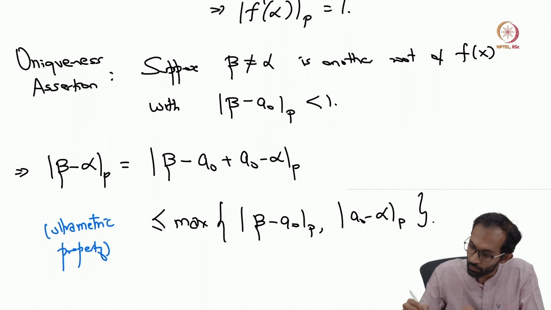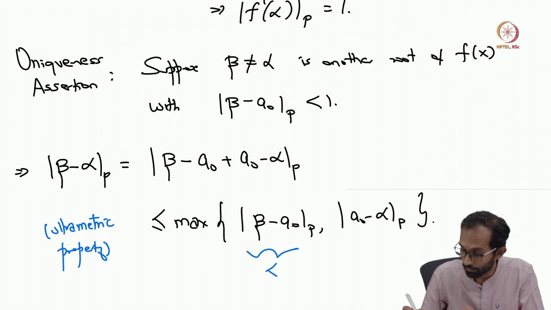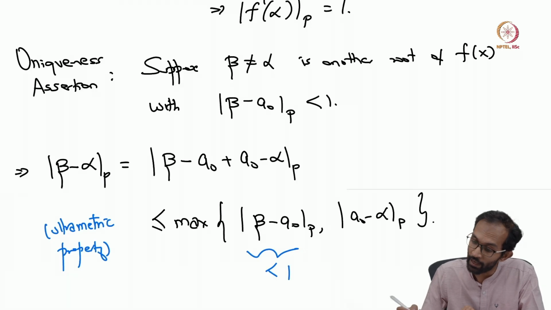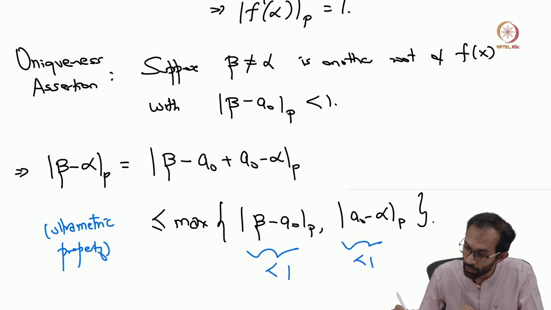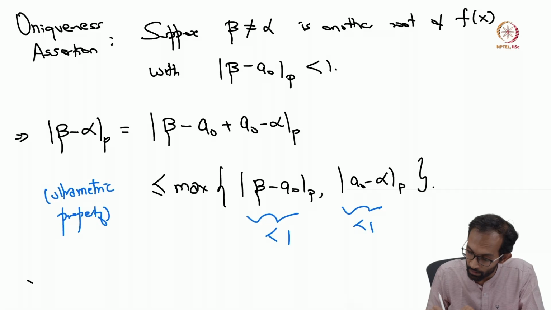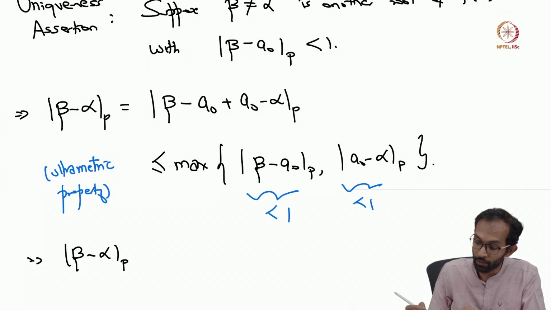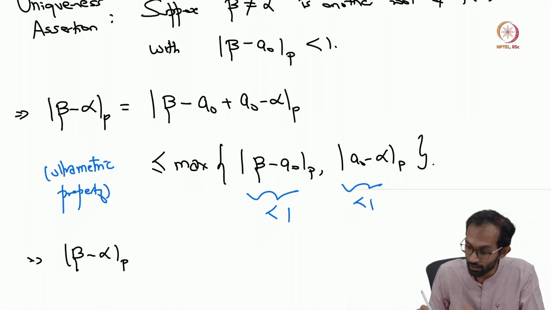Okay, but each of these quantities, the first one by hypothesis is less than 1, and the second one by construction is less than 1. So what we have is that the distance between beta and alpha, so the p-adic absolute value of beta minus alpha, is also strictly less than 1.